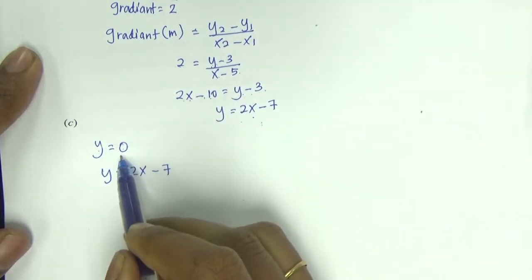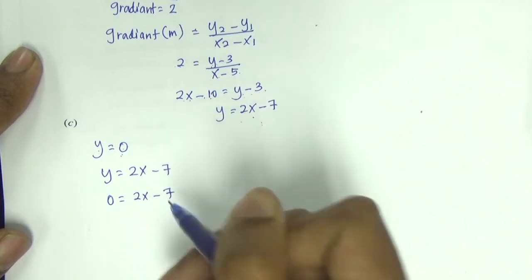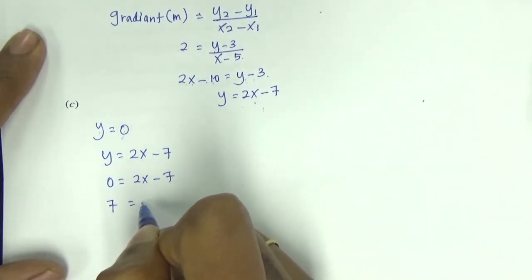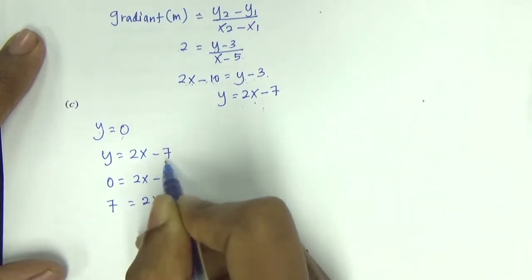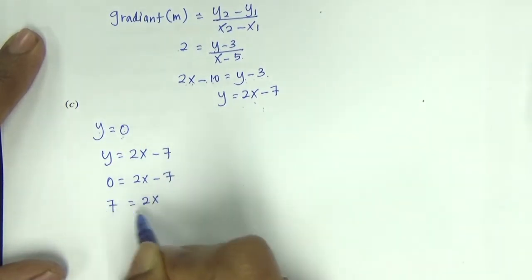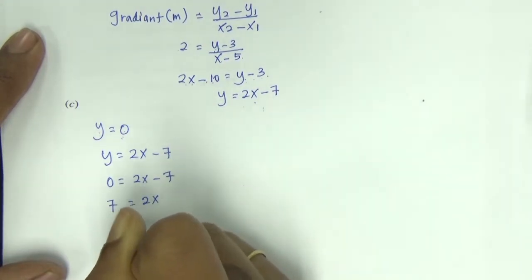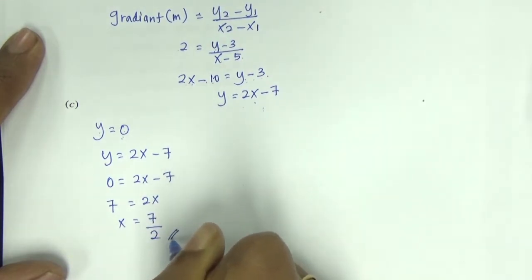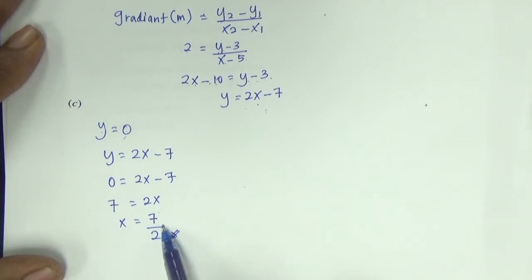As you know, y is 0, so 0 equal to 2x minus 7. Negative 7, when you bring it to the left side, becomes positive 7. So 2x equals 7, x equals 7 divided by 2. So the value of k is 7 over 2.